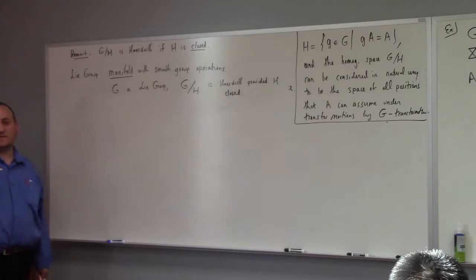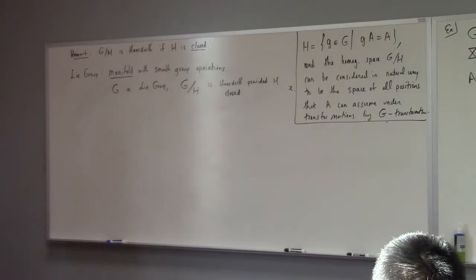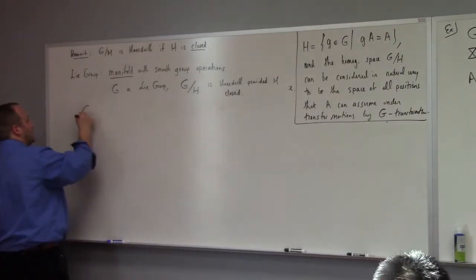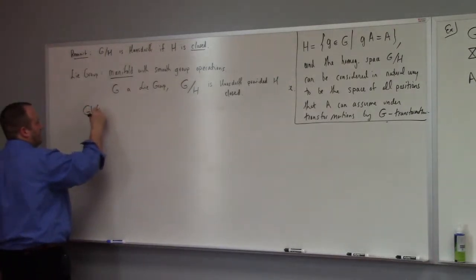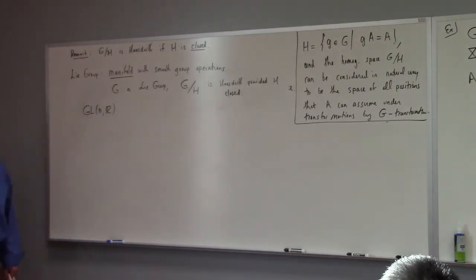And just to give you an example, what's an example of a Lie group? In fact, I've already shown you examples of Lie groups, like GLn. GLn(R) is a Lie group in a pretty easy way, right?